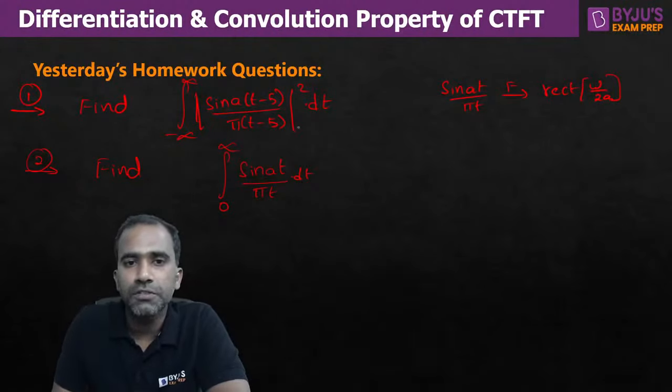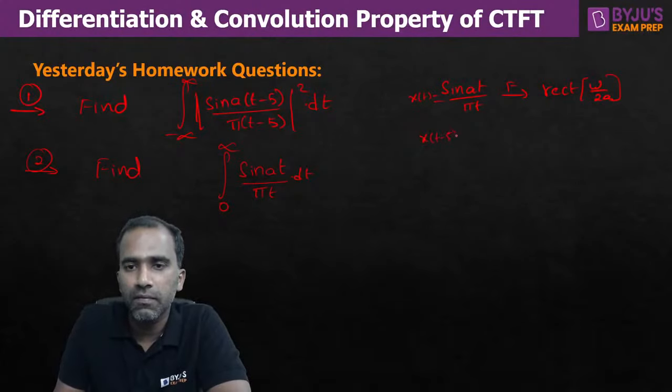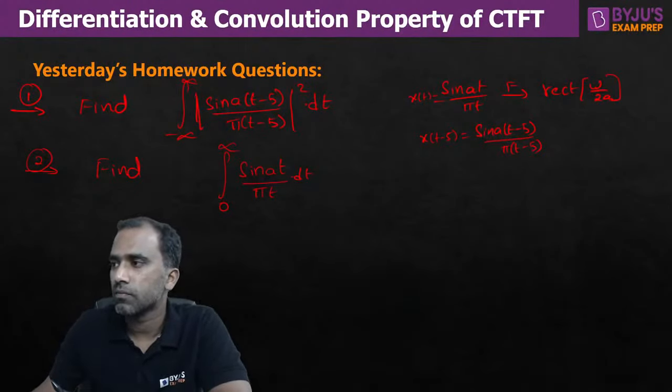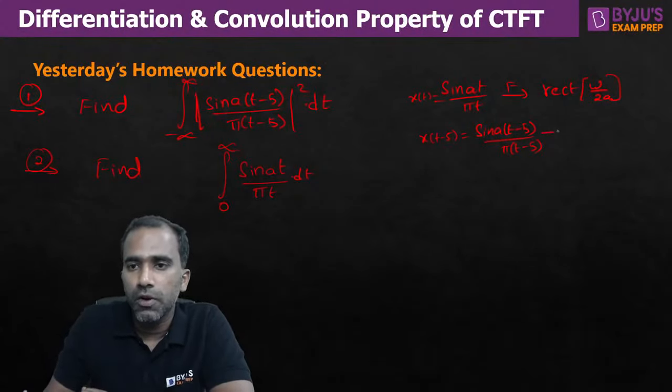If you shift it by 5 units, so if this is x of t, you're talking about x of t minus 5, that is sin(a(t-5))/(pi(t-5)). The Fourier transform will be e power minus j 5 omega into rectangle of omega divided by 2a.